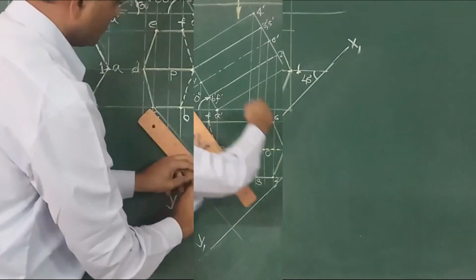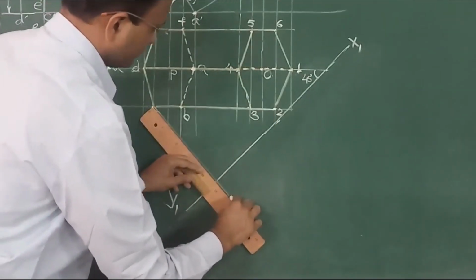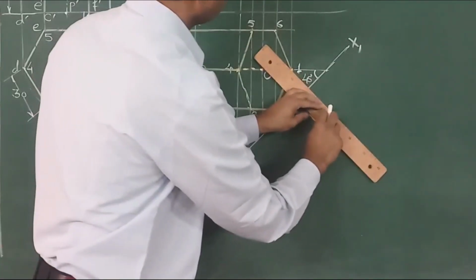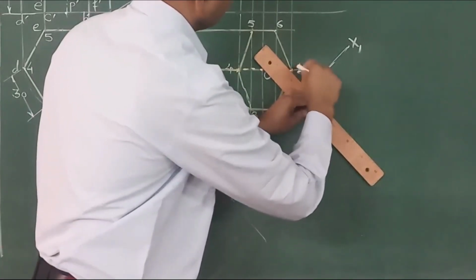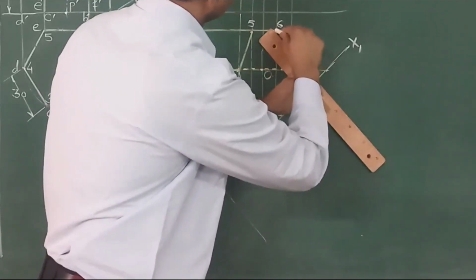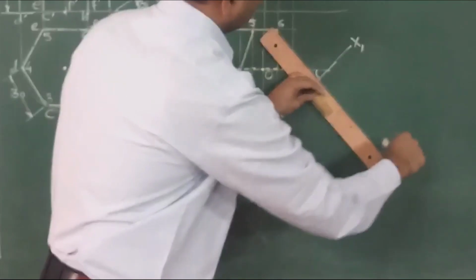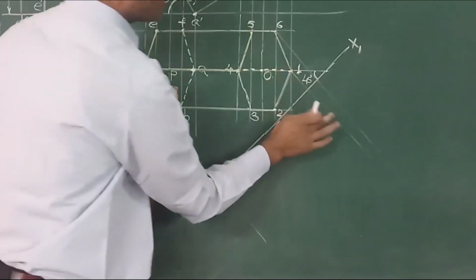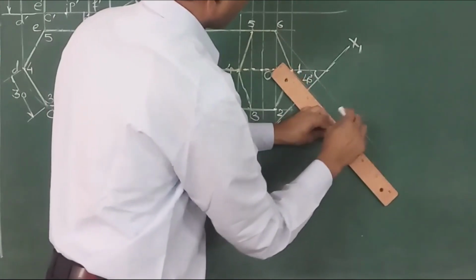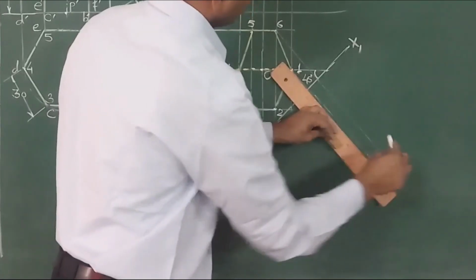So now we have to draw projectors. These are all projectors. So let me start from here. Remember, these projectors must be perpendicular to X1, Y1. So we have to draw them perpendicular to X1, Y1.